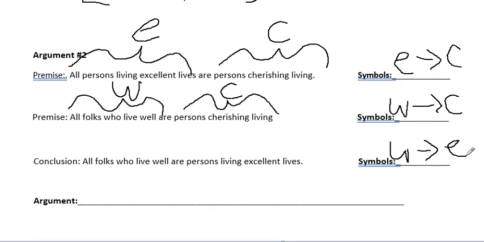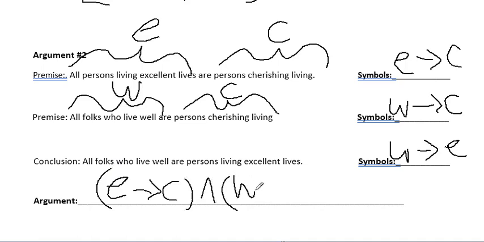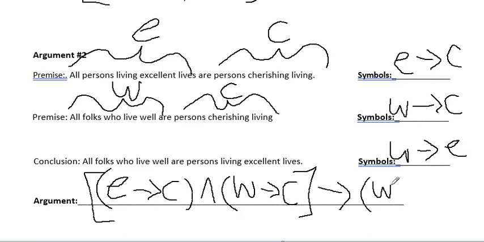So the argument is, assuming the premises are true, which is the antecedent, if E implies C and W implies C, does that imply W implies E? Does it then follow that W implies E?